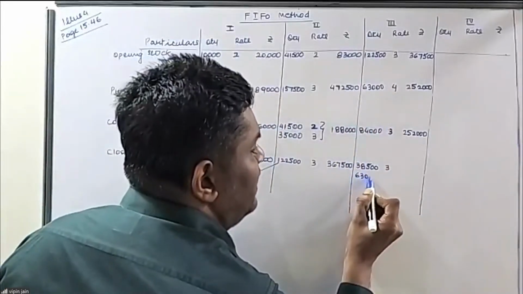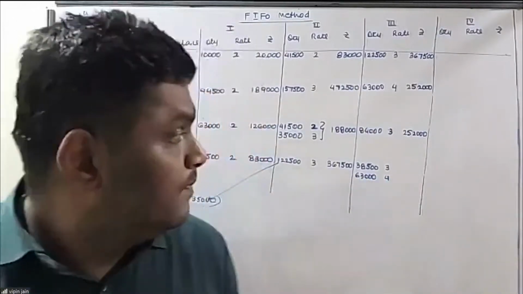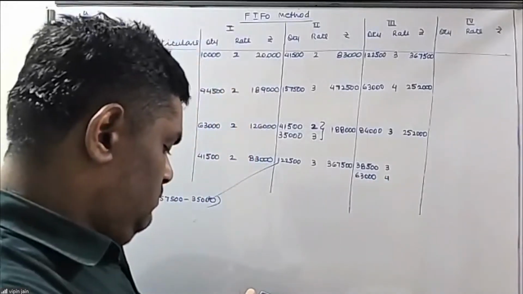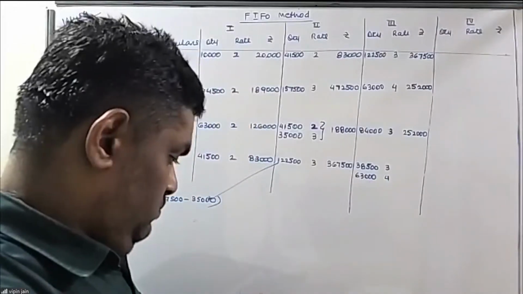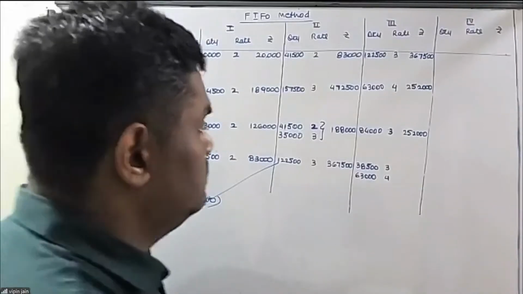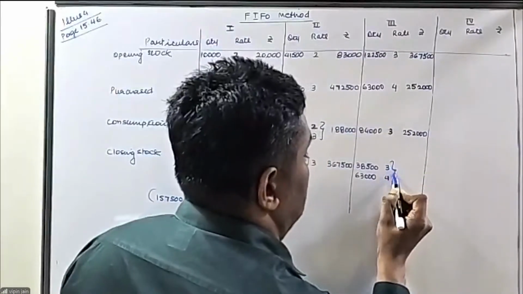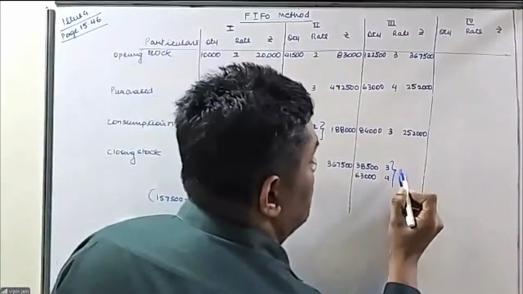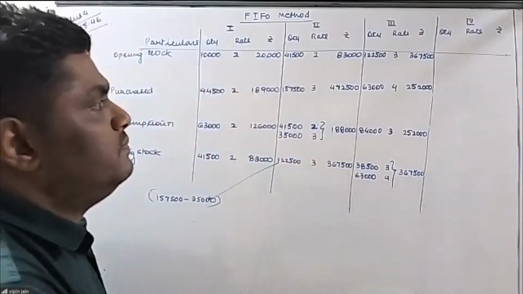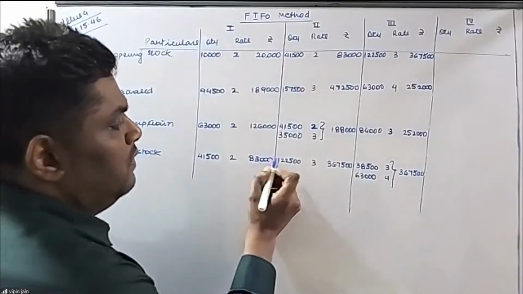So 63,000 into 4. Anyone having any doubts or queries, please post.